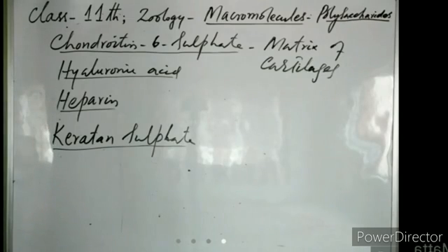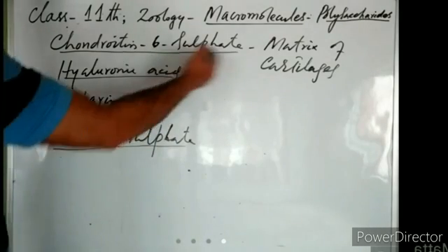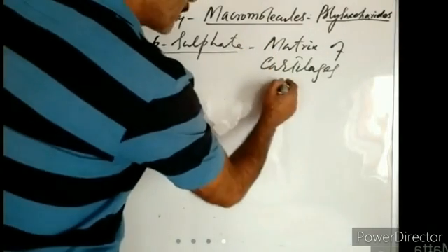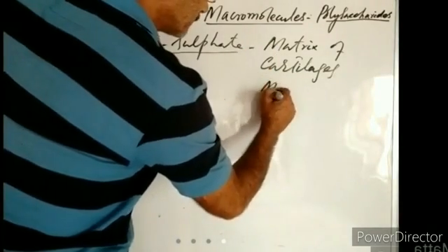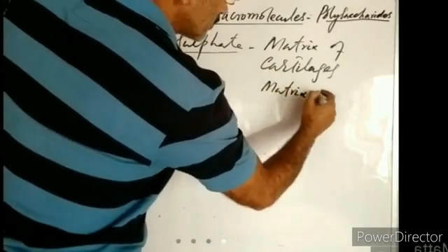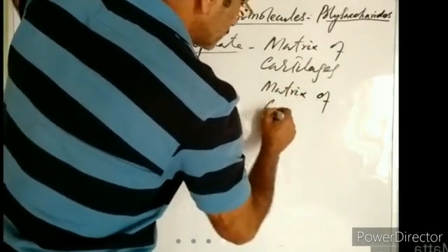They are polar substances. So they keep the body tissues hydrated. So it keeps the cartilage flexible and hydrated. It is found in the matrix of cartilages. It is also found in the matrix of connective tissue.